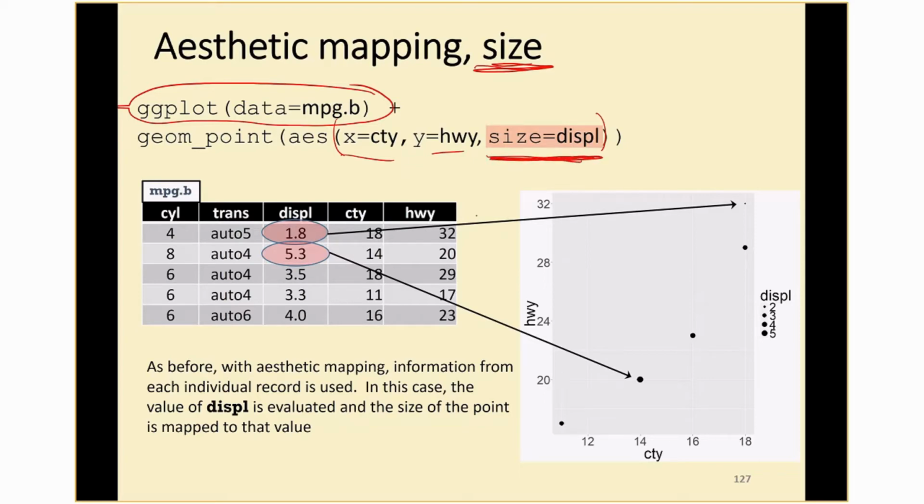So each one of these records is going to be evaluated, and the value of the variable displacement is going to determine the size of the marker. So when this particular record is read, you can see it's got a very small displacement, so the size of the point is fairly small. When this particular record is read, it's got a fairly large displacement, so the size of this marker is fairly large.